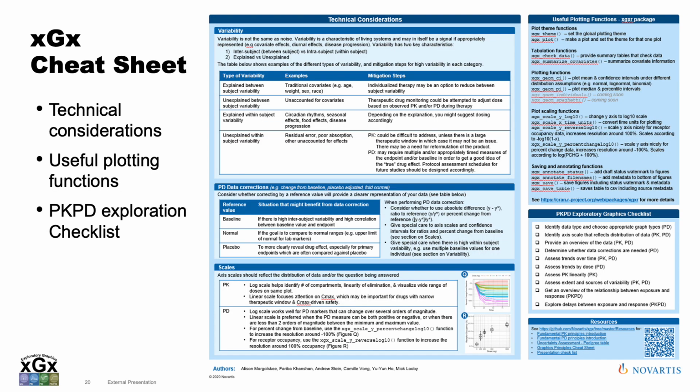Also, some technical considerations and commonly used xGxR package functions are available in this cheat sheet. This cheat sheet is also openly available and you can download it from our xGx website in the Resources tab, or you can also find it on our GitHub page.